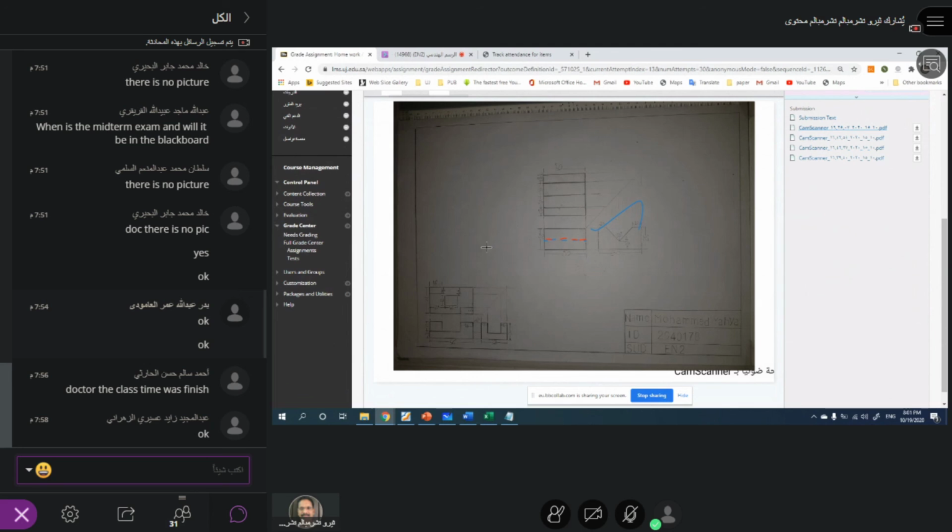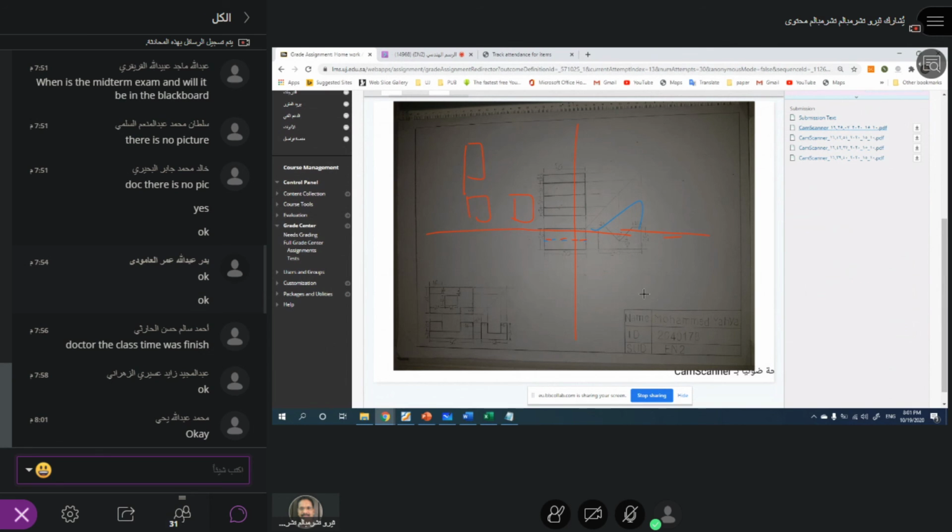So next time you make it in the center, okay? Don't draw it here and don't draw it here. Just separate this and draw one drawing here, and then draw another one here. Make it center and draw here. Okay, make it clean, neat, so it doesn't look bad.